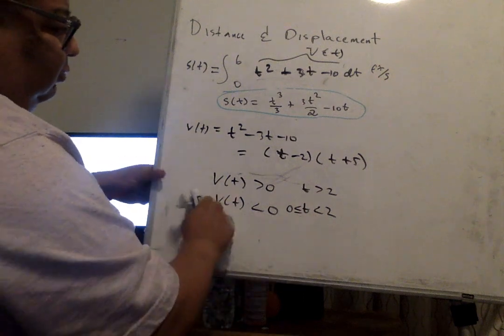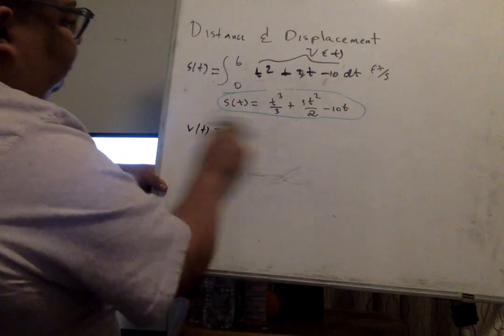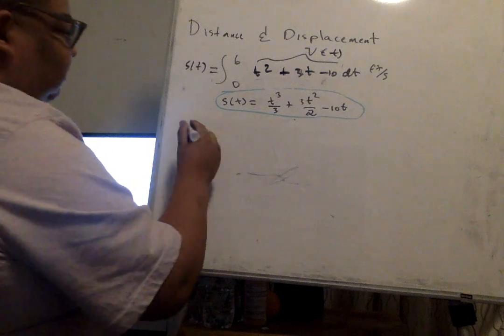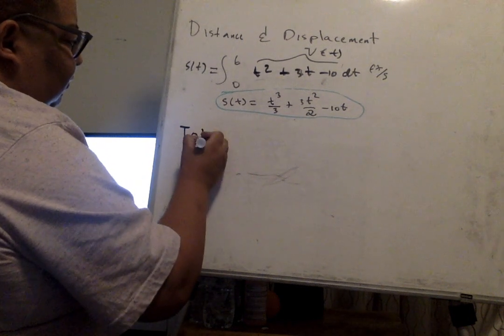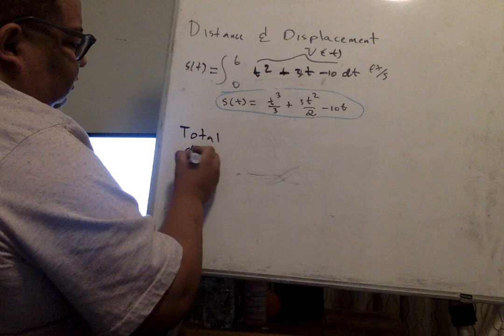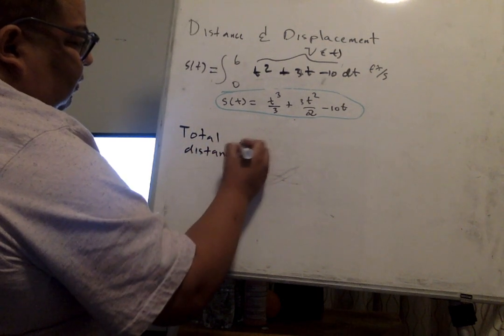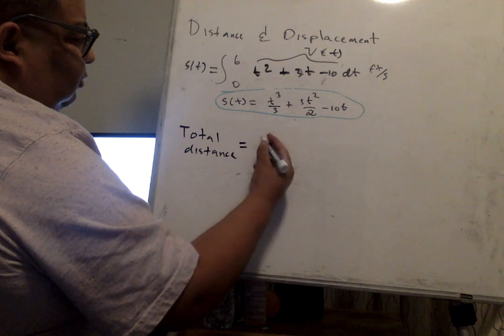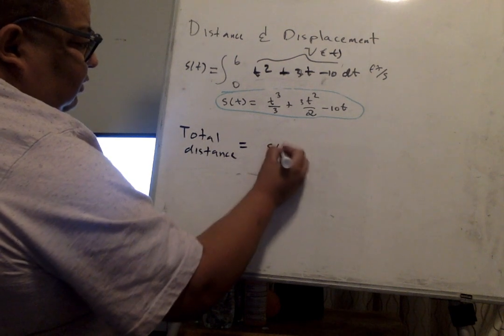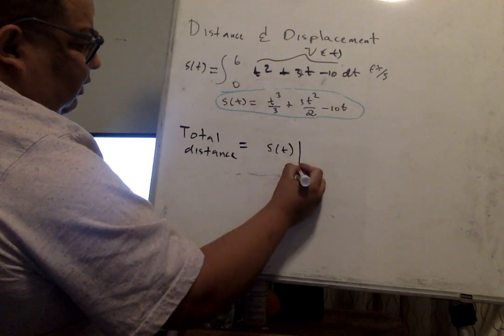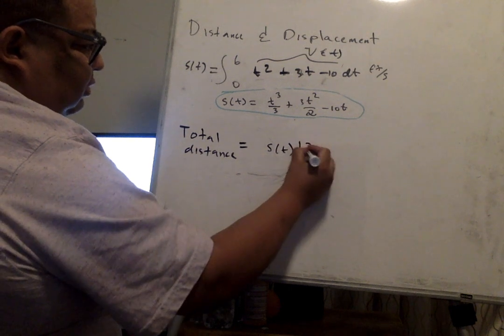All right, so now to find total distance, it's going to equal the integral of the velocity between 0 and 2.